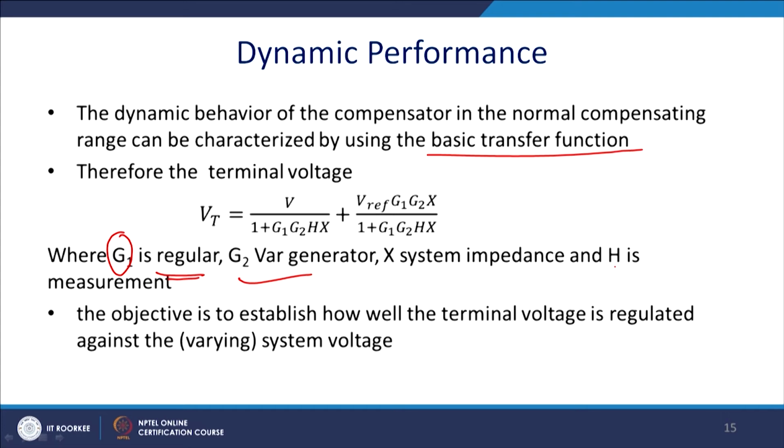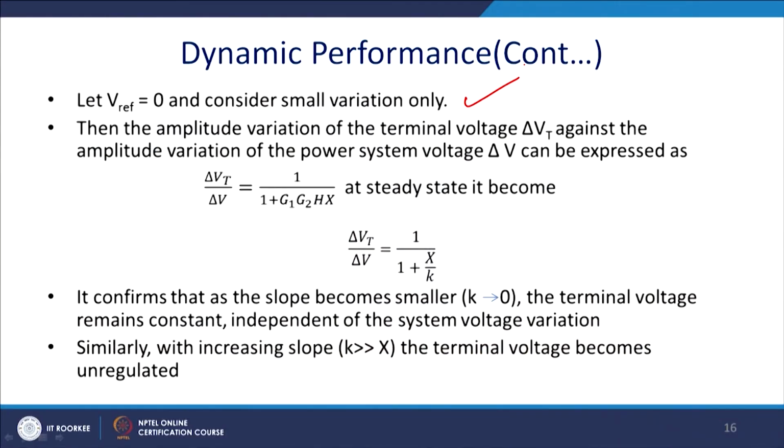The objective is to establish how well the terminal voltage is regulated against the varying system voltage. So, that is something we require to put in. Let us assume that Vref equals 0 and consider the small variation only. Then the amplitude of the variation of the terminal voltage Vt against the amplitude variation of the power system voltage delta V can be expressed in this term.